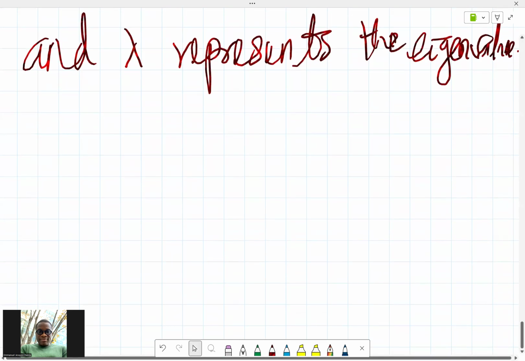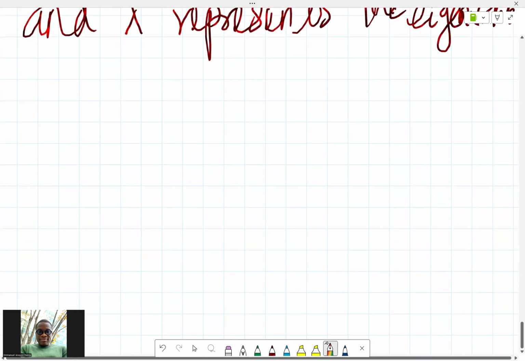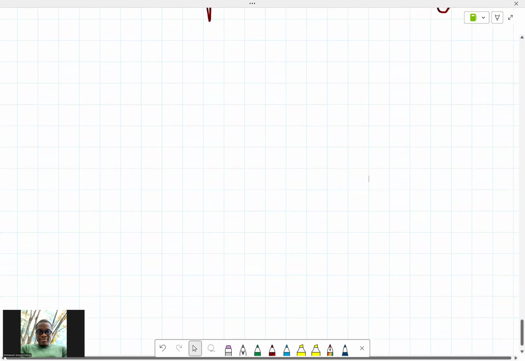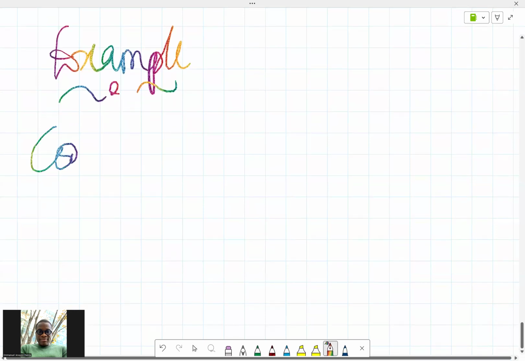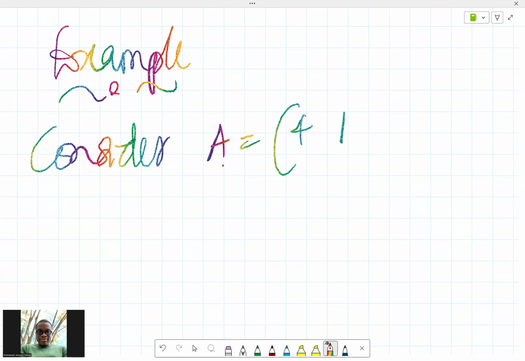Okay, now with this done, let's look at an example. I think probably the same example we did before. So consider A, which is [4, 1; 2, 3].